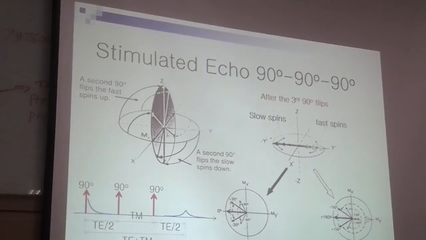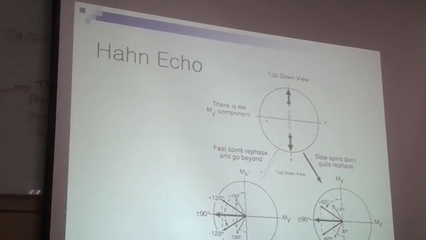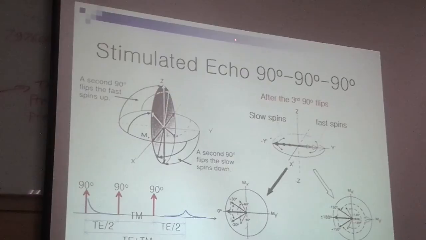So I explained that the Hahn echo comes from the combination of double 90-degree RF pulses. If we use the combination of three 90-degree RF pulses, then we can get the stimulated echo.